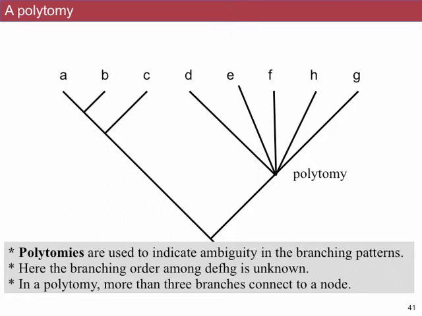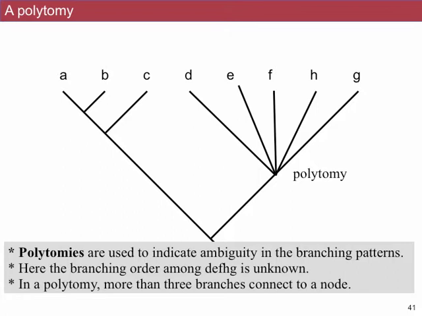And the main reason we might show polytomies is when we do not know the branching order among the organisms that are shown there. So if we do not know any of the branching order of D, E, F, G, H relative to each other, we will show a polytomy like this. It doesn't necessarily mean that evolution looked like that, although in some cases it might.